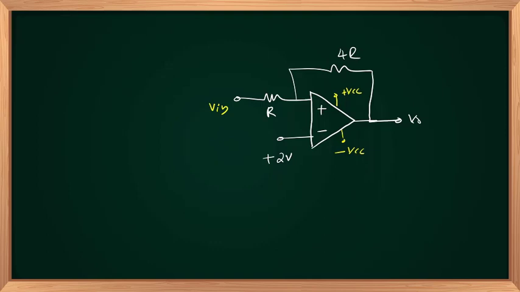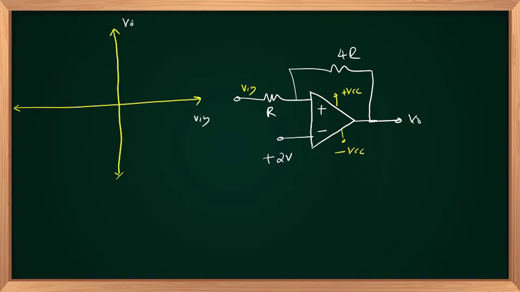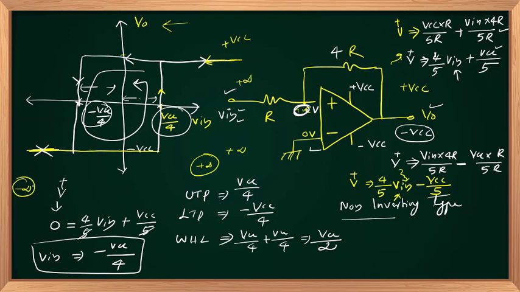So my objective is to identify the change in transfer characteristics compared to the earlier circuit. This is my out. Alright, here again, let us assume V in equal to minus infinity as we did earlier.